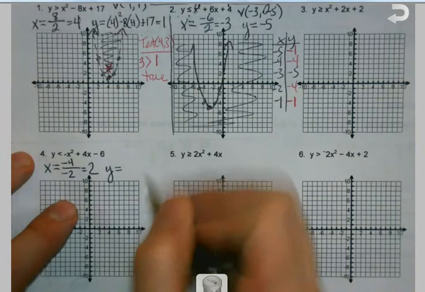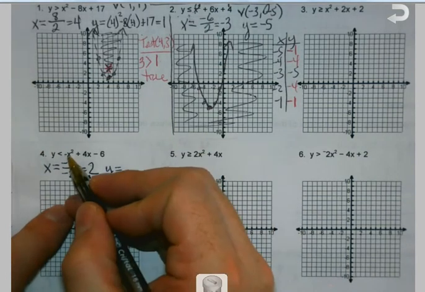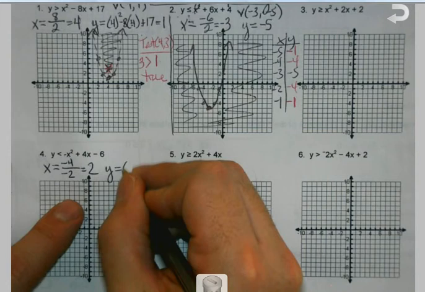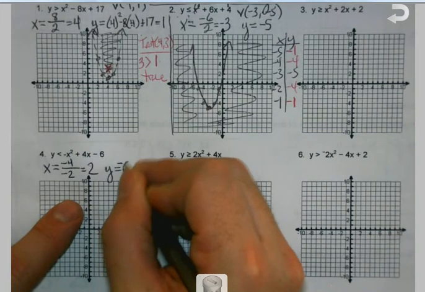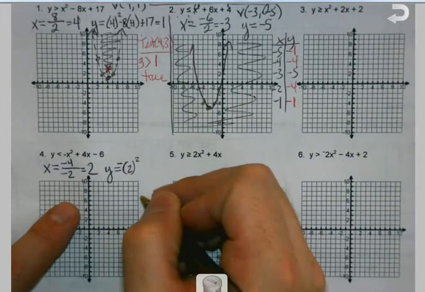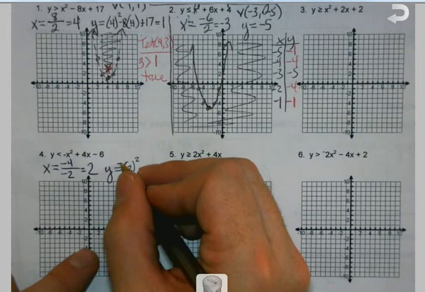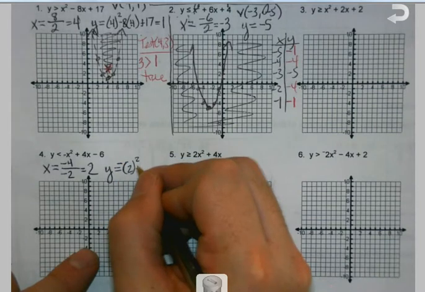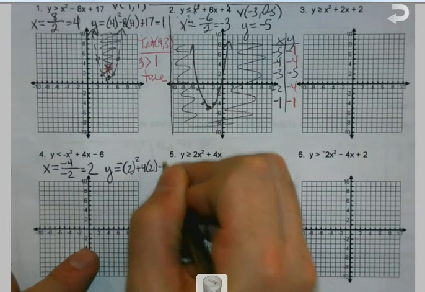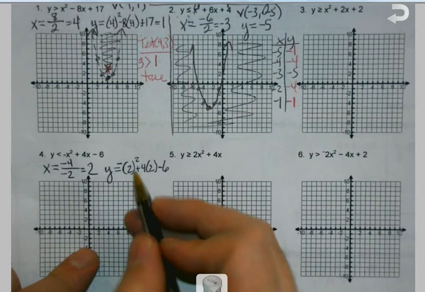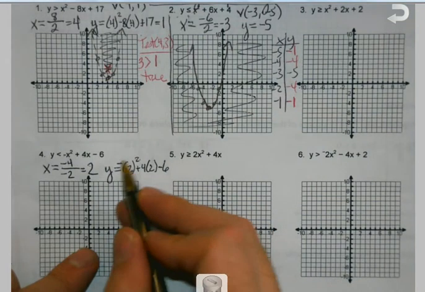Then my y, and again, be careful here. Remember, this is negative of 2 squared, not negative 2 squared, but the negative's outside here still. Plus 4 times 2 minus 6. So 2 squared is 4, then do the negative.